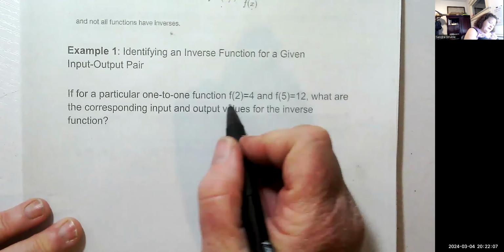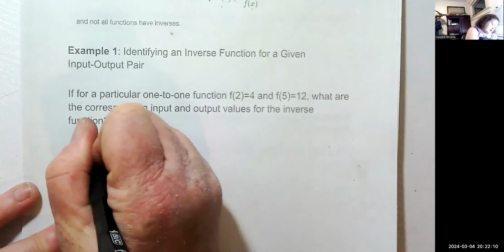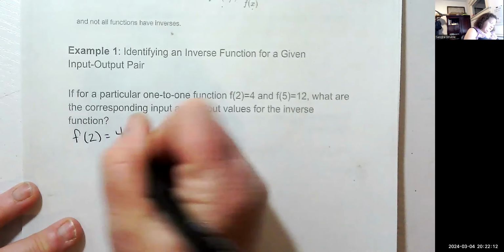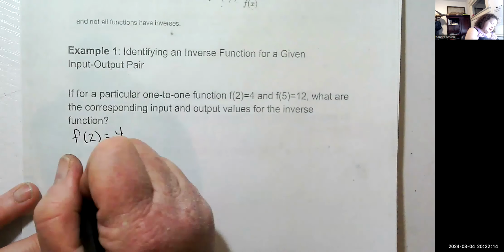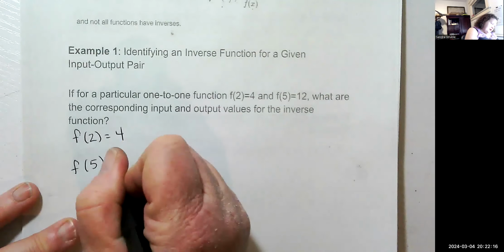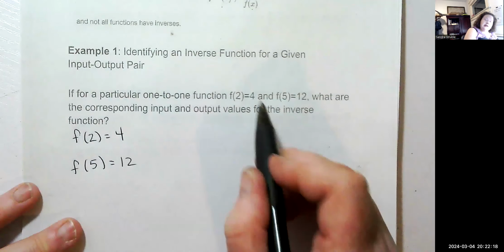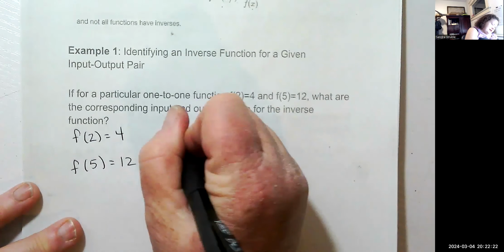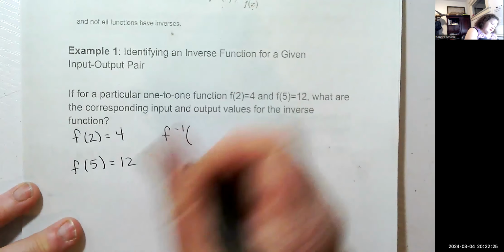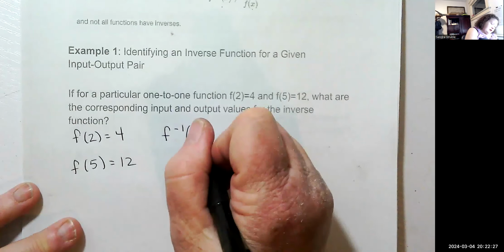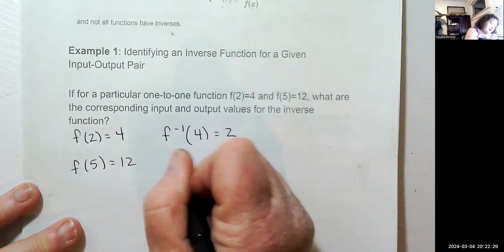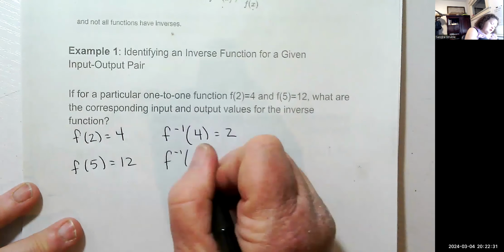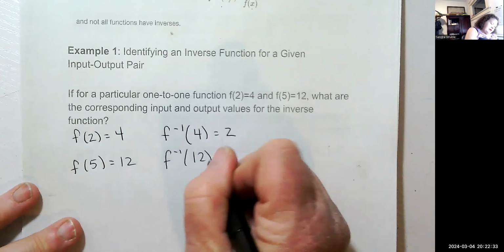Well, if f of 2 is equal to 4, and f of 5 is equal to 12, that's what they're telling us. So this is the function f. Then that means that the inverse of f at 4 is 2, and the inverse at 12 is 5.